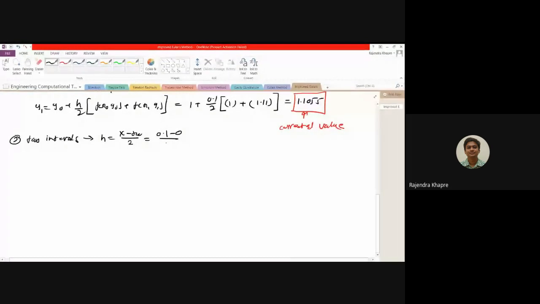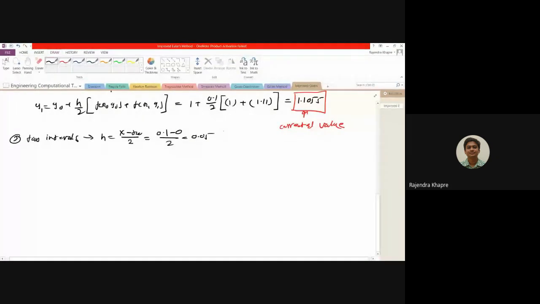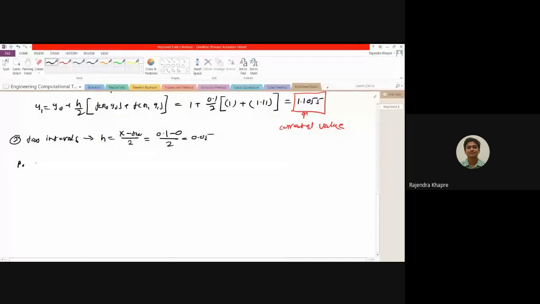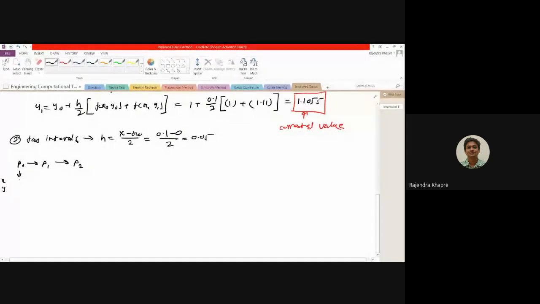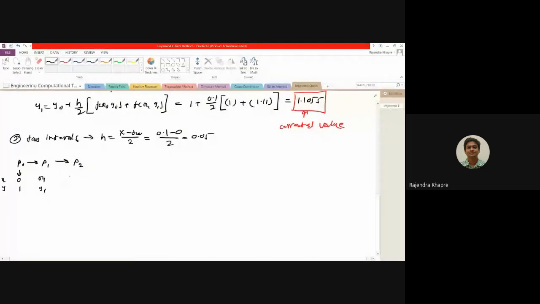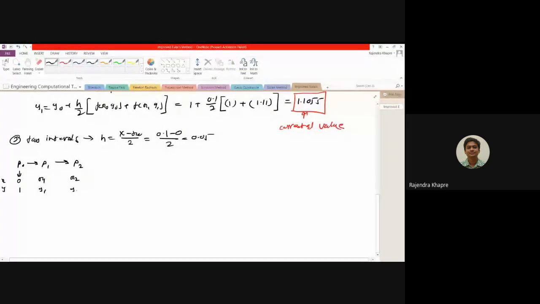The initial value is given to you, so h is 0.05. Basically we have p0, from which I'll get p1, and from which I'll get p2. Here the values of x and y are 0 and 1. Here you will have x1 and y1, and here you will have x2 and y2.